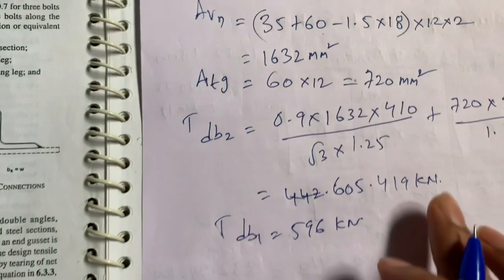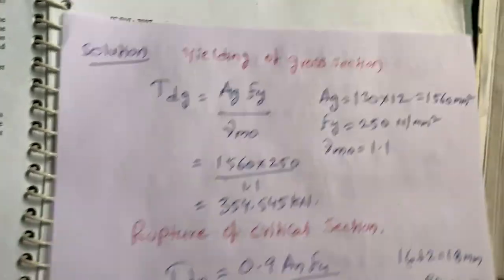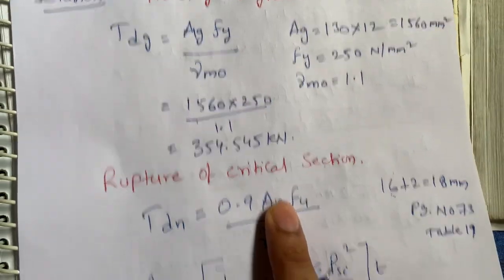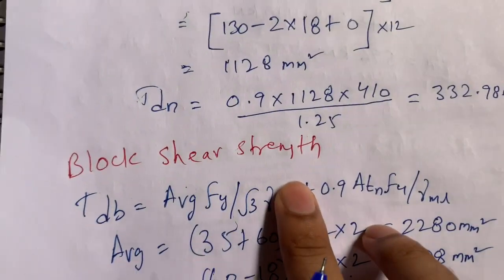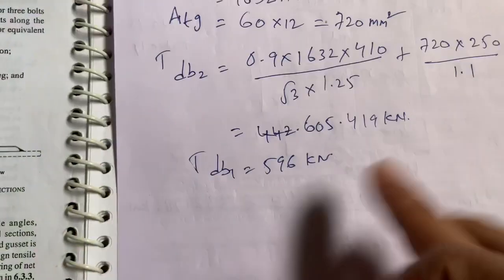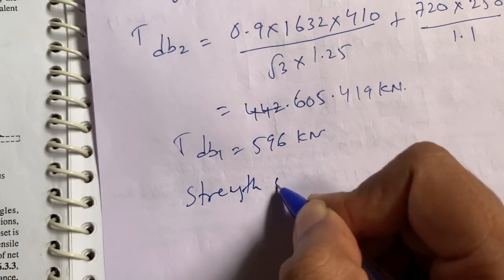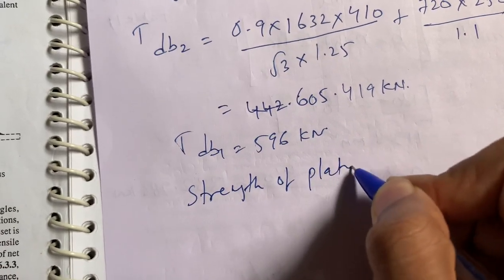After calculating these three failures, I mean yielding of gross section, rupture of critical section, and block shear strength, we need to consider the strength of the plate as the least value.